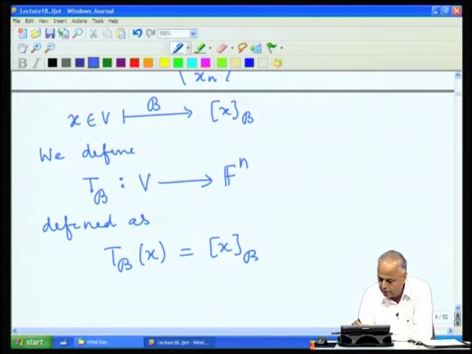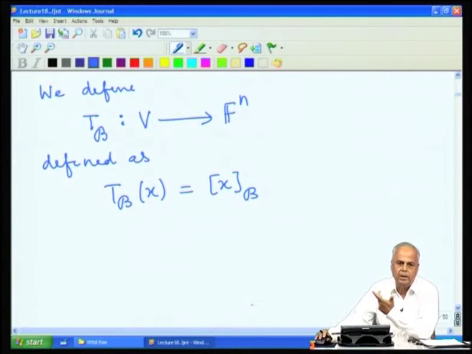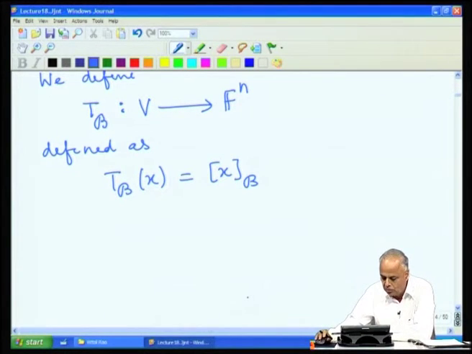So, start from a vector x in V, construct the column vector, and that is in Fn, and that is a unique column vector because every vector x has a unique representation in terms of the basis.